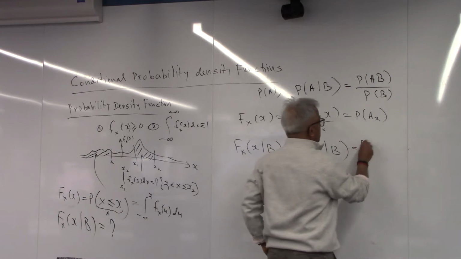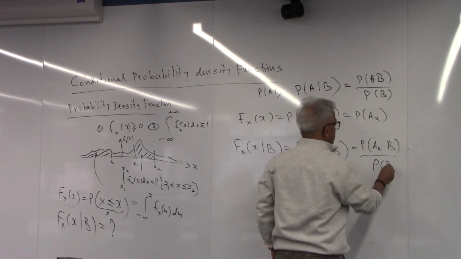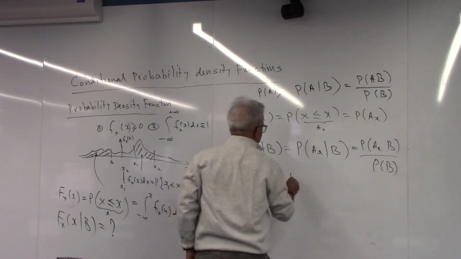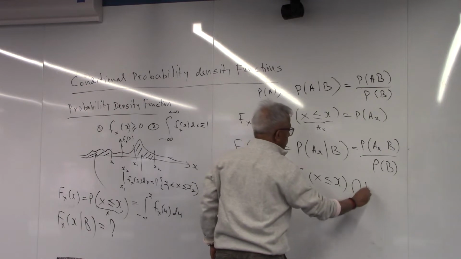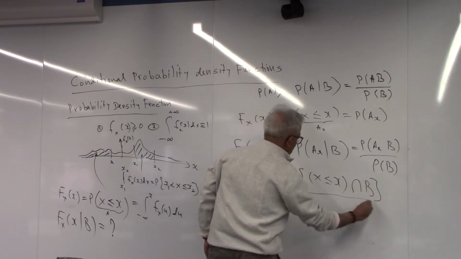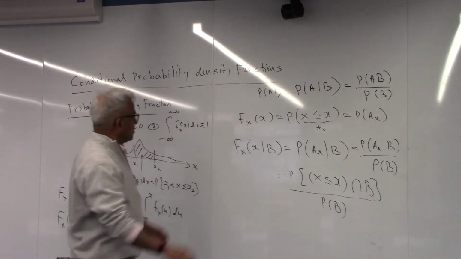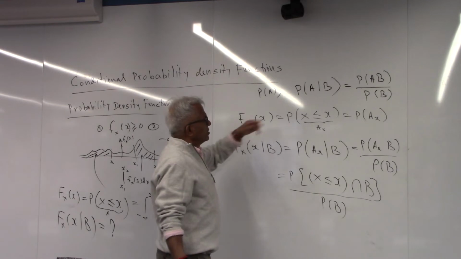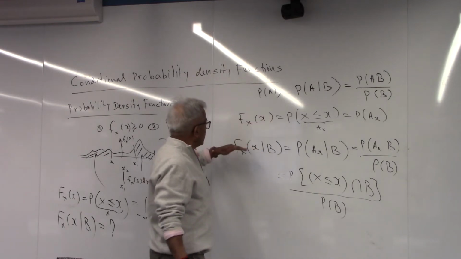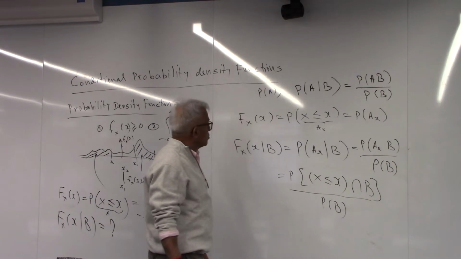So this is going to be probability of A_x B over P(B). But A_x B is probability of X less than or equal to x intersection with B, over P(B). So now depending on what B is, you just need to simplify this. And since we have done this properly, this function will have all the properties of the distribution function.